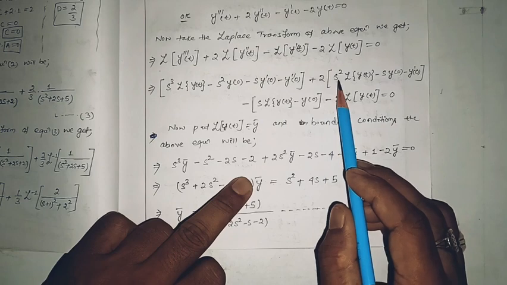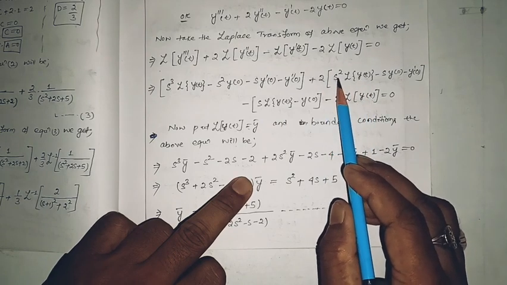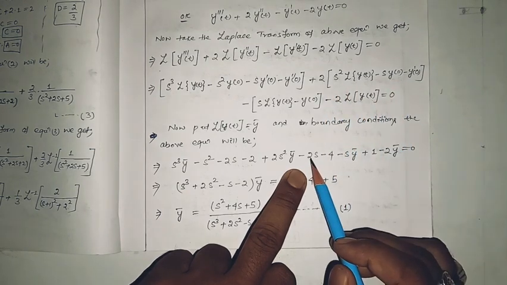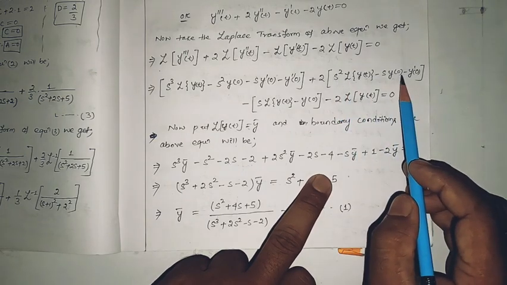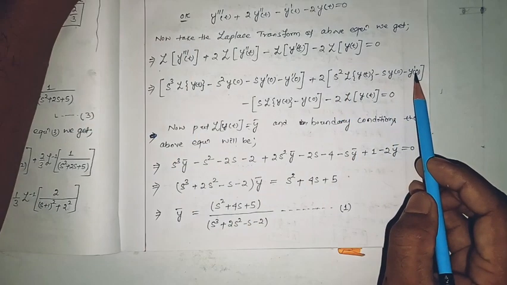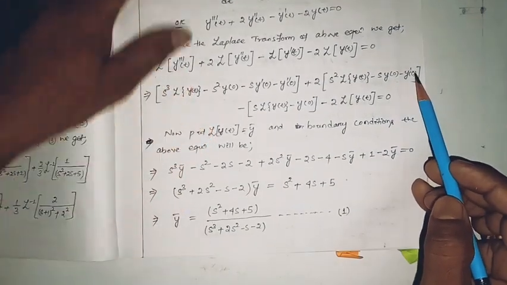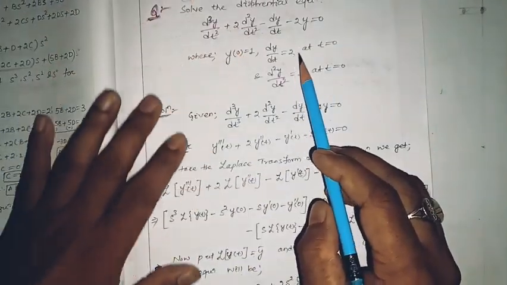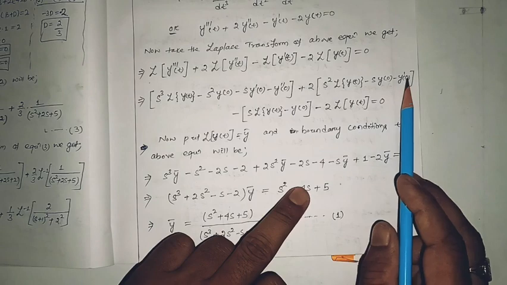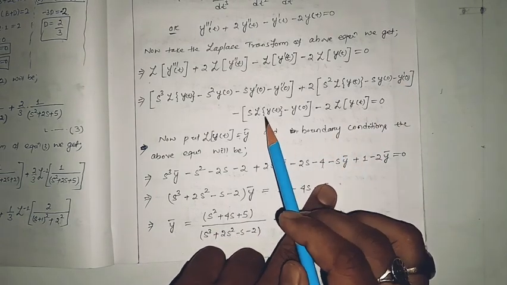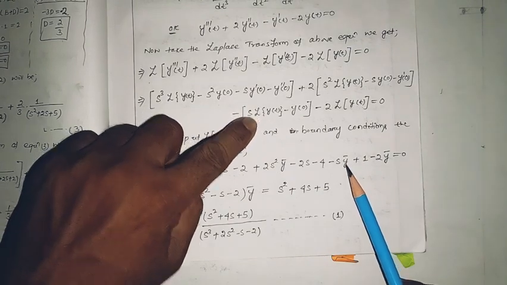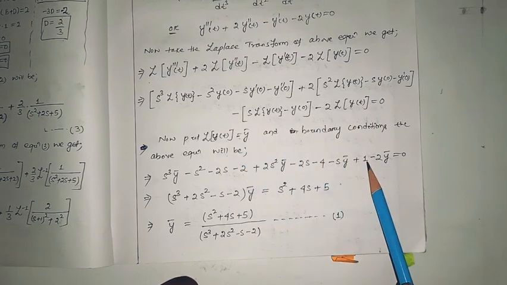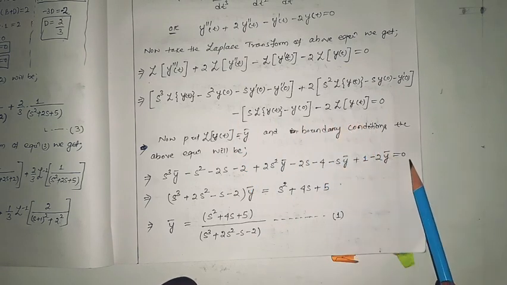Here you can see s squared, this value is y bar, so 2 into s squared y bar. Then y(0) is given as 1, so minus 2s. Then y dash 0 is given as 2, so 2 into 2 is minus 4, and this one is s y bar, the Laplace transform of y bar, and y(0) is given as 1, so plus 1, and minus 2 y bar equal to 0.